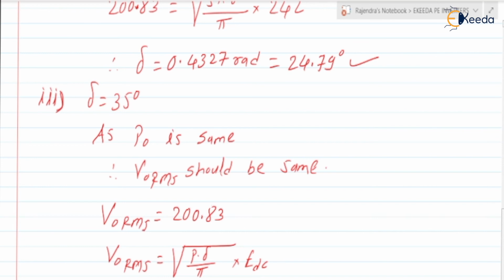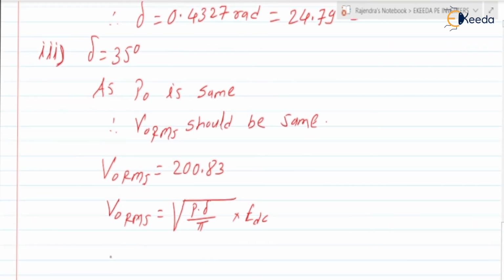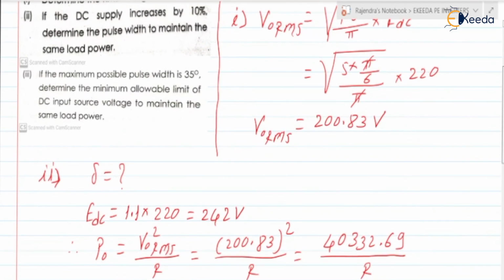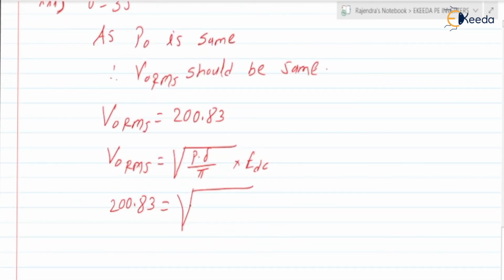What is the V0 RMS? It is 200.83. So 200.83 is equal to under root P, which remains the same, that is 5, into delta is 35 degrees, so 35 into pi by 180. We need to convert that degree to its radian equivalent, divided by pi. So pi will get cancelled, into EDC, we need to find the new EDC.